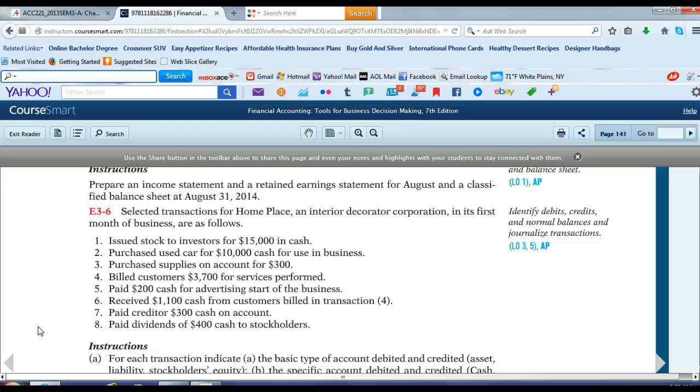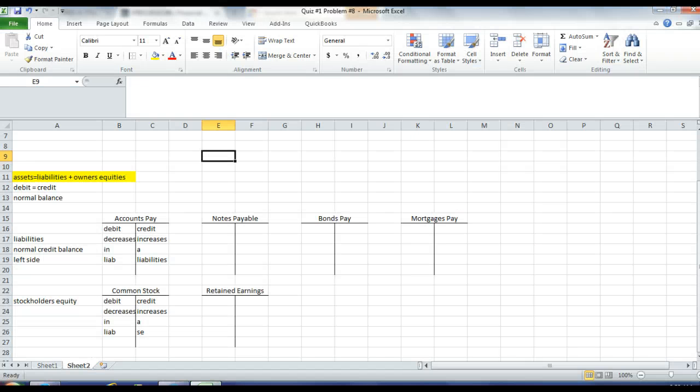So when we increase an asset, we're going to debit that asset. When we increase stockholders' equity or common stock, we're going to increase it by crediting it. So in this particular example, E3.6.1, we will increase our cash and we will increase our stockholders' equity.